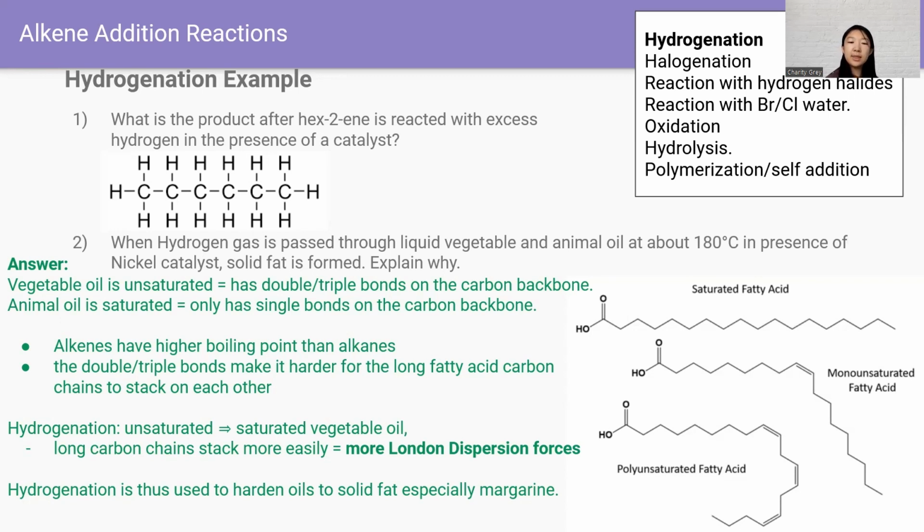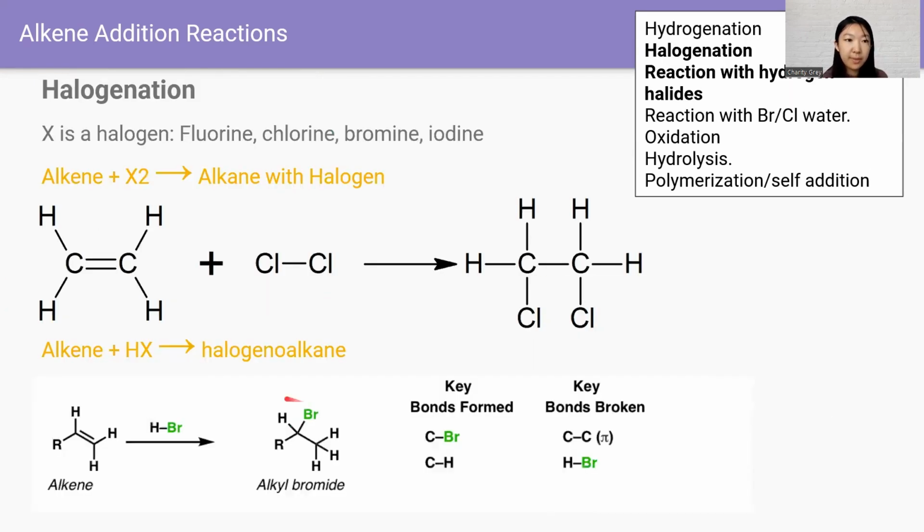So why is animal oil a solid, whereas the alkene vegetable oil is liquid? That's because of the double and triple bonds. So the answer should not look at boiling point at all. It should look at London dispersion forces and how easily the molecules stack on top of each other. So that is the answer for this hydrogenation example.